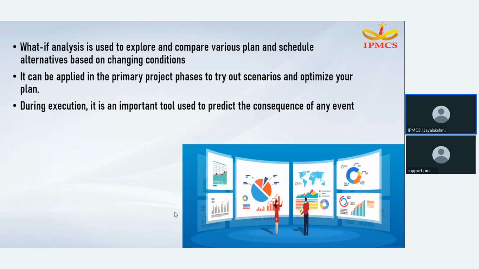So when is what if scenario useful? What if scenario can be used for comparing the various kinds of scenarios that can happen inside the project. It is mainly useful during the beginning stage of the project, where we will be analyzing the different issues or situations that can come up inside the project during its progress.